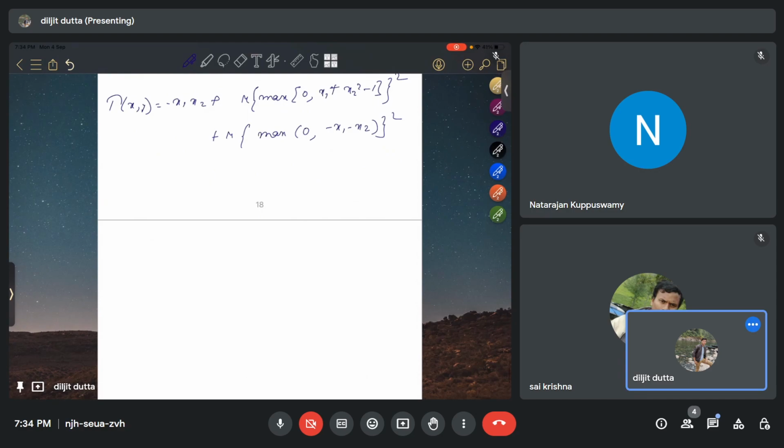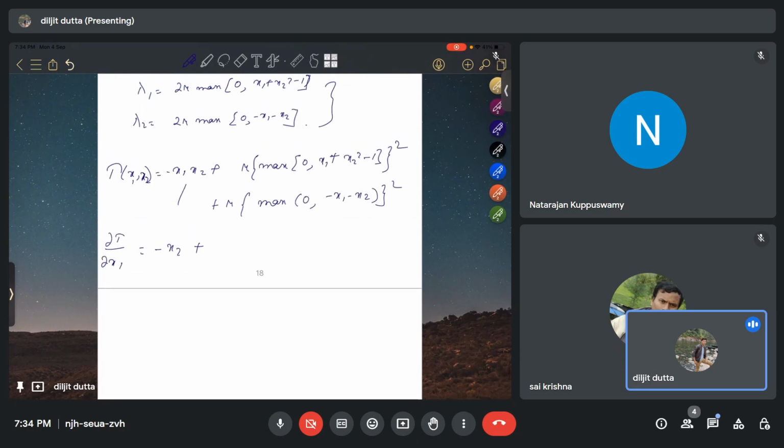Now let us take del t by del x1. So the first term is easy, it will be minus x2, right? Now for the second term we have a compound function, so r will be coming out. This maximum function, if we take with respect to x1, we cannot directly differentiate with respect to x1, so we have to use the chain rule.